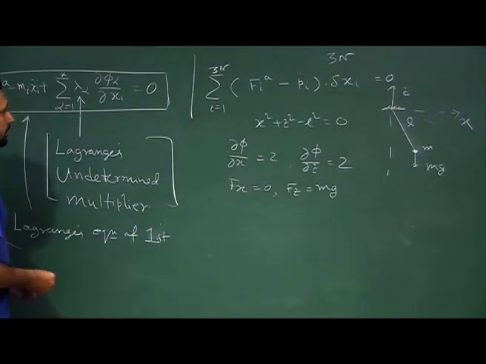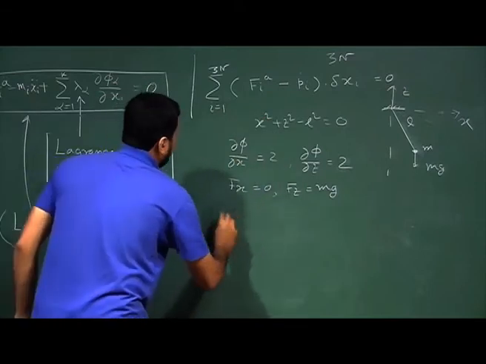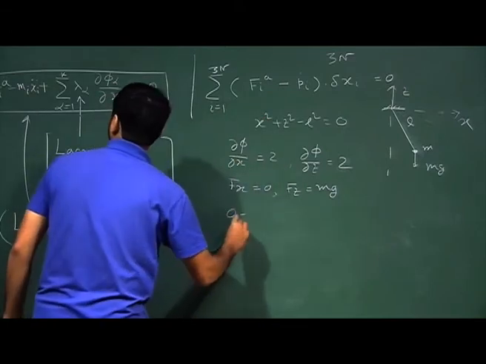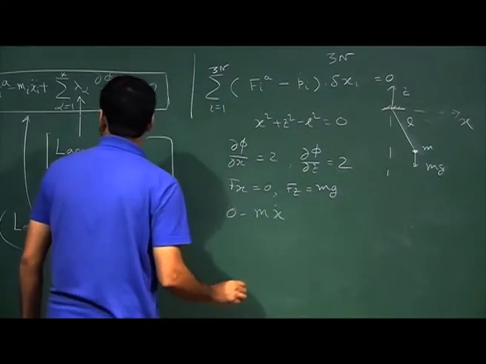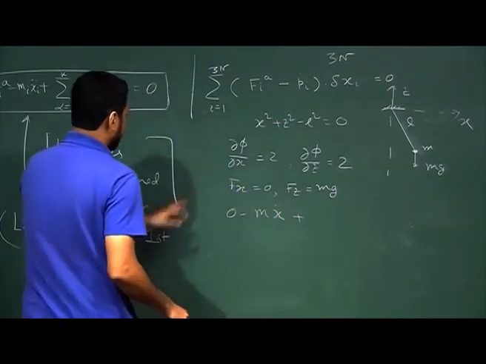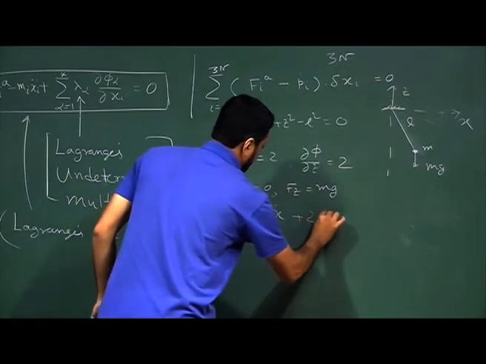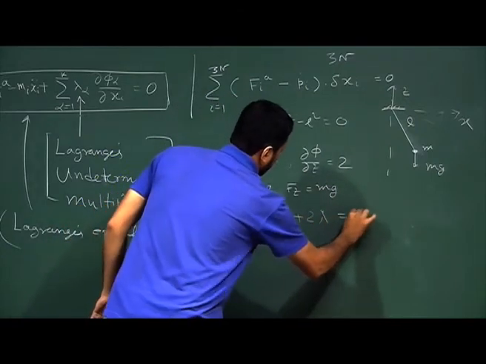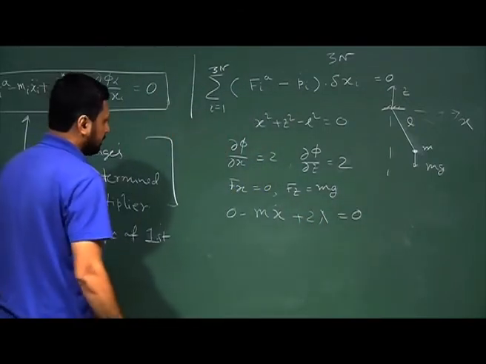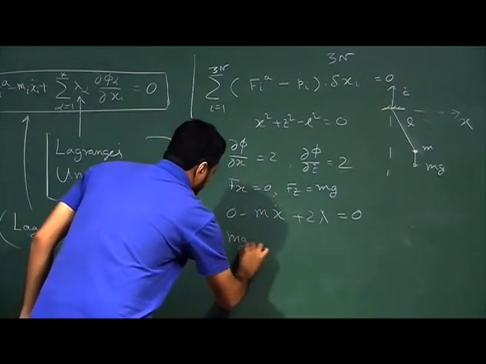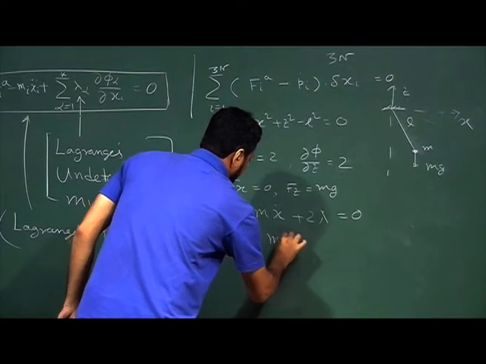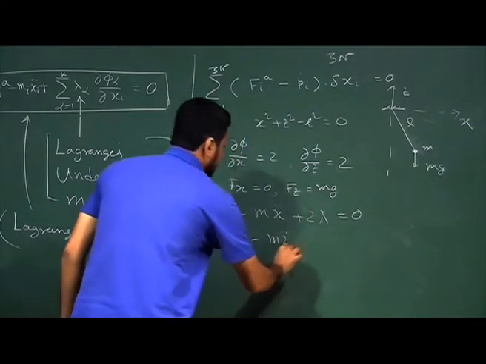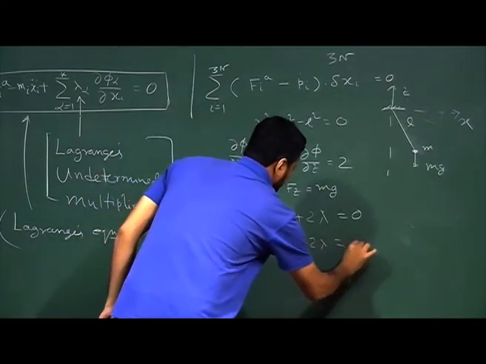If I write my first equation for x, it will be 0 minus m x double dot plus lambda times del phi del x, which is 2 lambda, equal to 0. The second equation will be mg minus m z double dot plus 2 lambda is equal to 0.